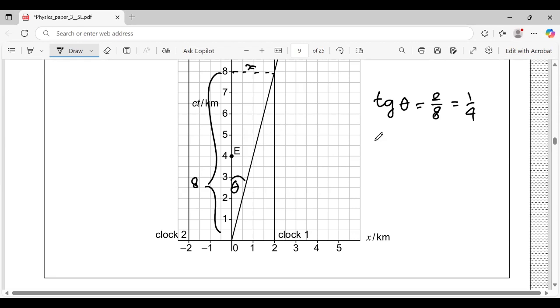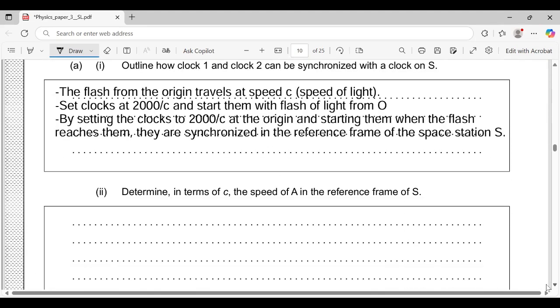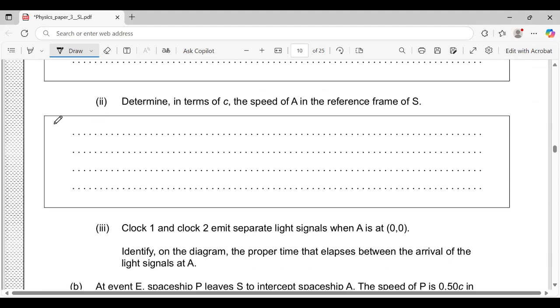Also, tangent theta can be stated as x over ct, since the horizontal axis is x and the vertical axis is ct. ct equals c times t, or t equals ct over c.